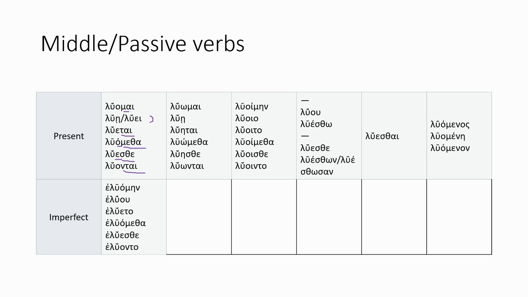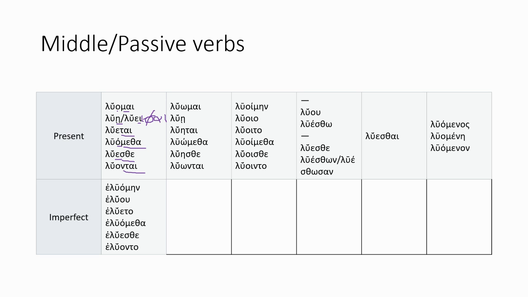The underlying ending here is sai, but this sigma gets dropped because it's between vowels. A lot of times that happens in Greek, sigmas between vowels get dropped, but you will see it pop up in other places in morphology, and then it gets smushed together with the epsilon before it and becomes this or this. So mai, sai, tai, metha, sthe, ntai.